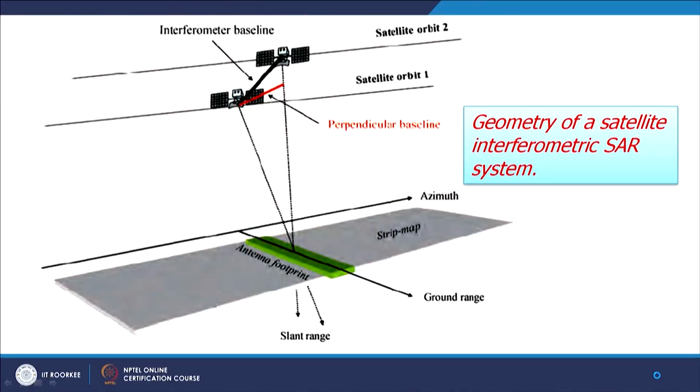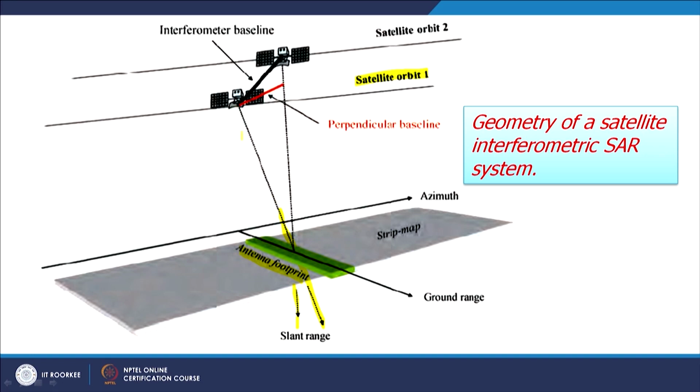In this figure, the satellite is passing through orbit 1 with a particular look angle and looking at an area, and its antenna footprint is shown here. These directions are the slant ranges of the different orbits.